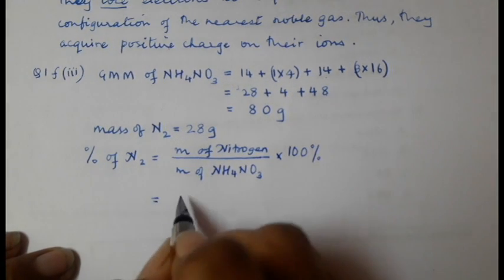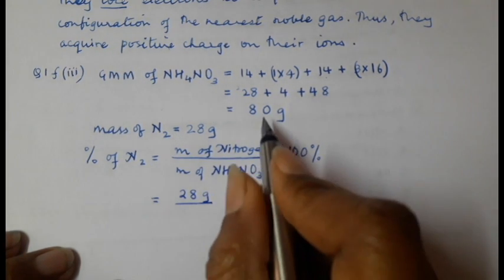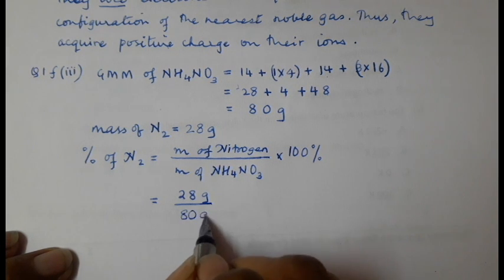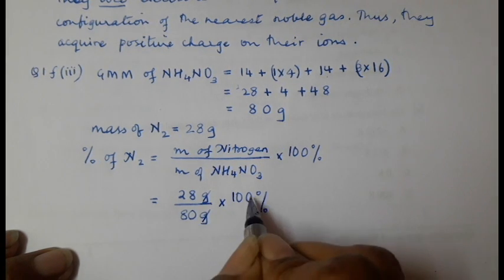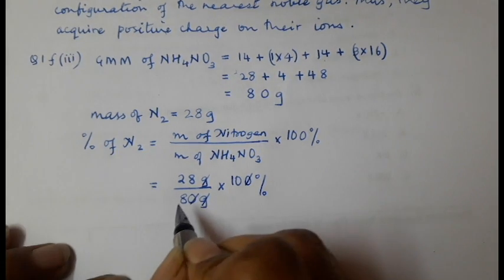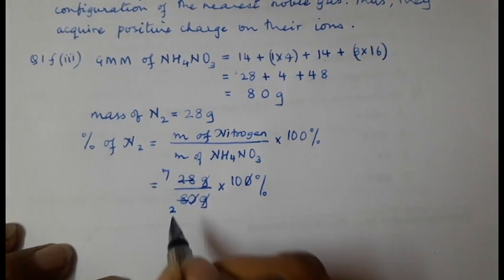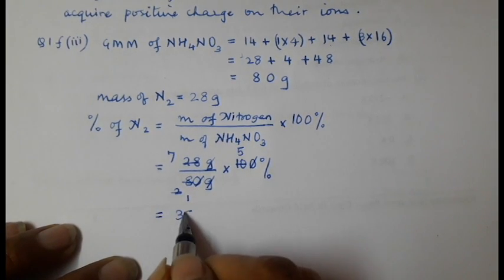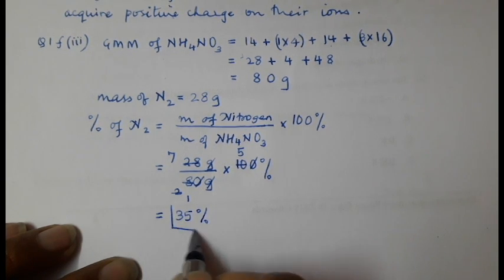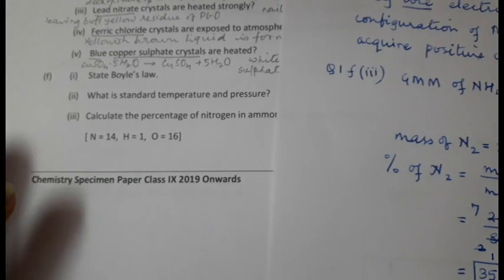Mass of nitrogen, 28 gram. Mass of ammonium nitrate, as you can see here, 80 gram, multiplied by 100%. This 0 gets cancelled and you will have 4, 2 times is 8, 4 7 times, 2 1s and 2 5s, which is equal to 35%, and that is our percentage of nitrogen.